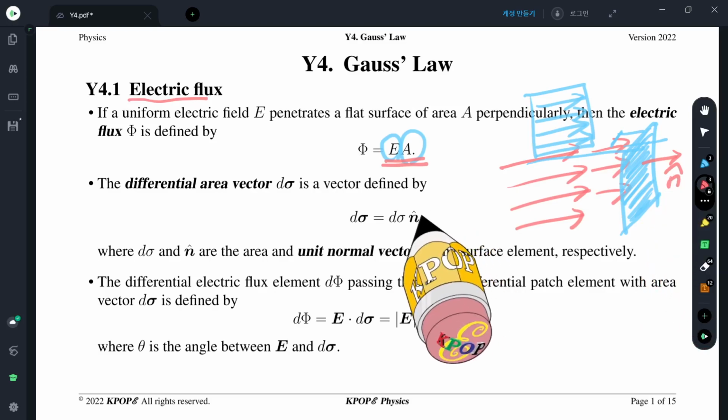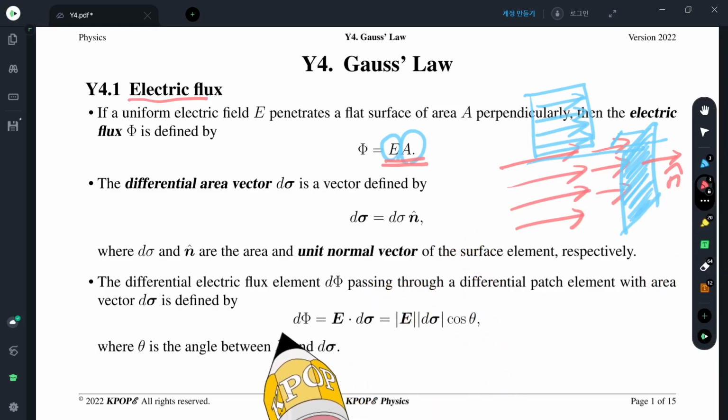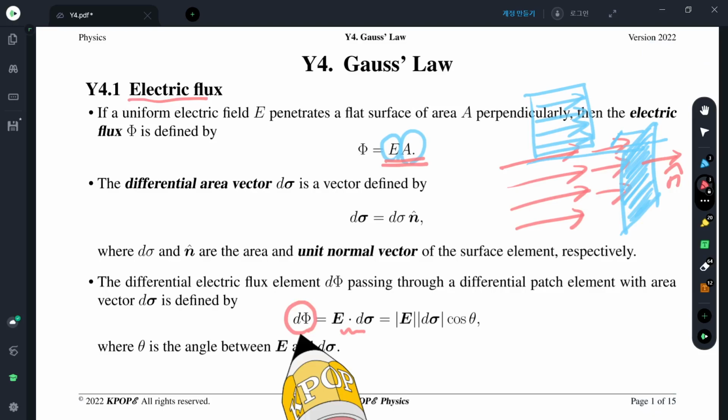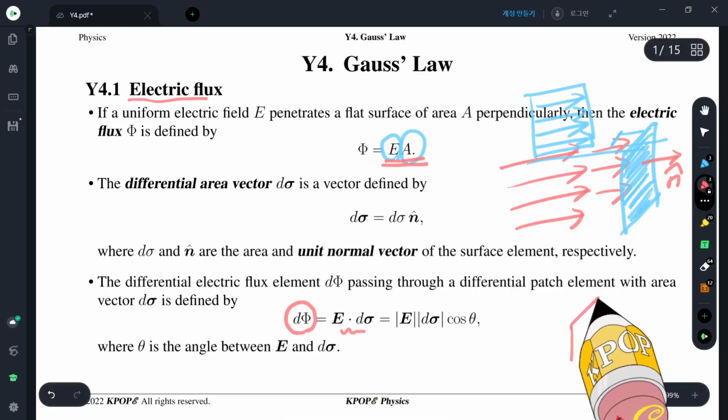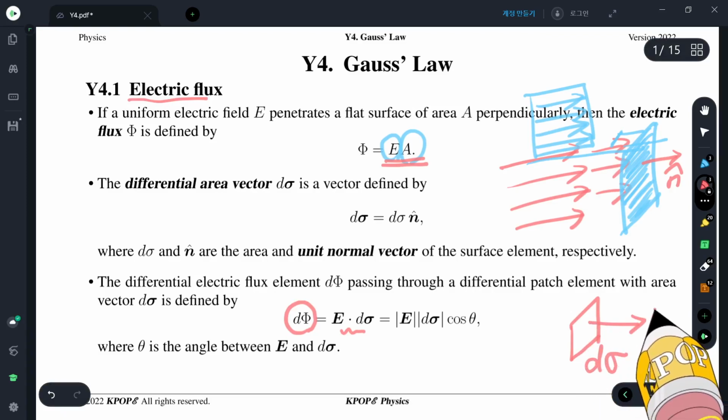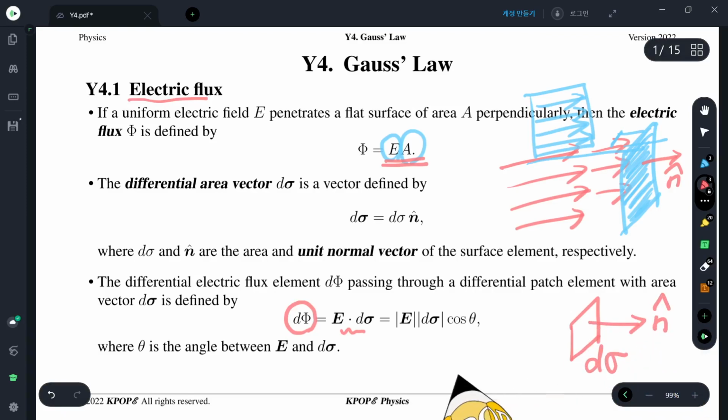We can consider the scalar product to compute the electric field flux passing through an infinitesimally small patch whose area is sigma and whose normal direction is n hat, so that the surface element vector is the product of the area multiplied by the normal vector.